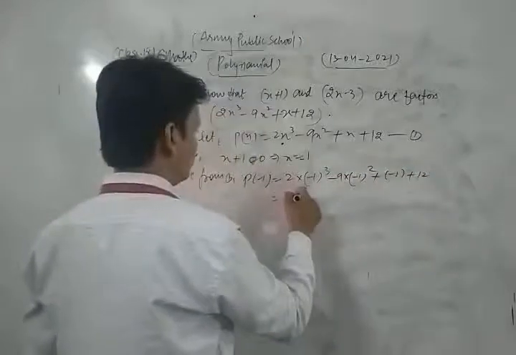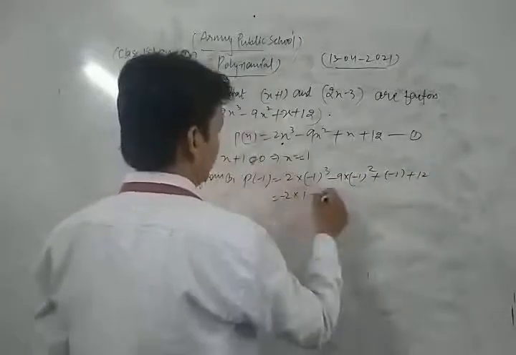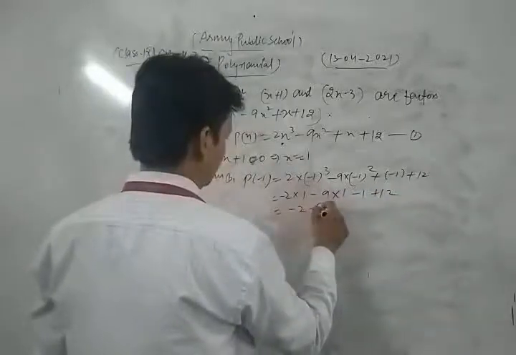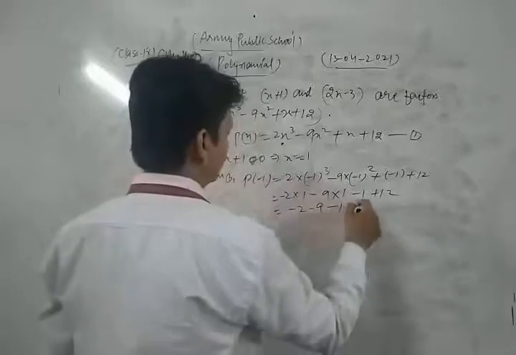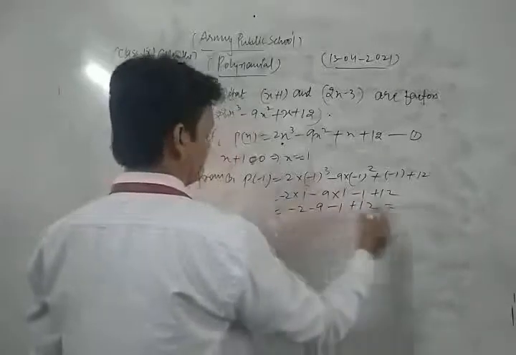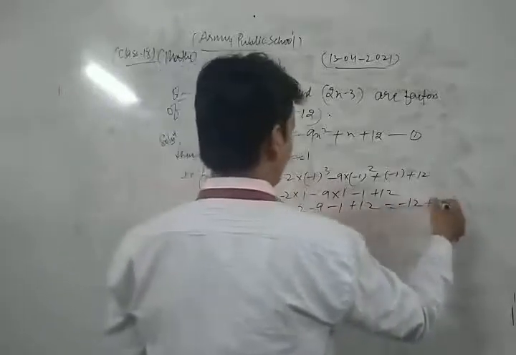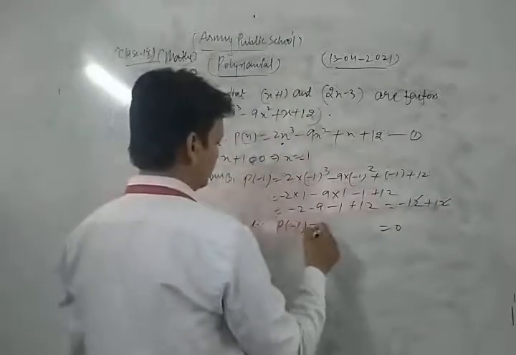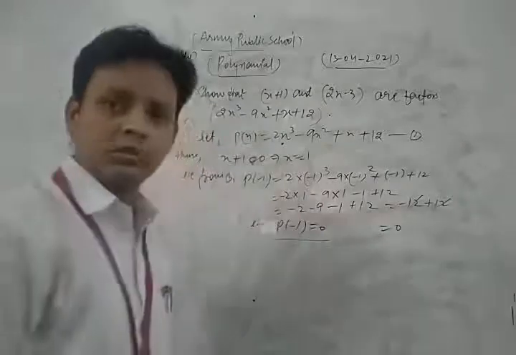So we get 2 into minus 1 minus 9 into 1 minus 1 plus 12. So minus 2 minus 9 minus 1 plus 12. Now this is minus 12 plus 12, equal to 0. That is, p(minus 1) is equal to 0.